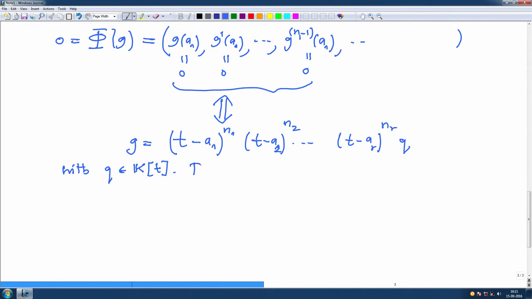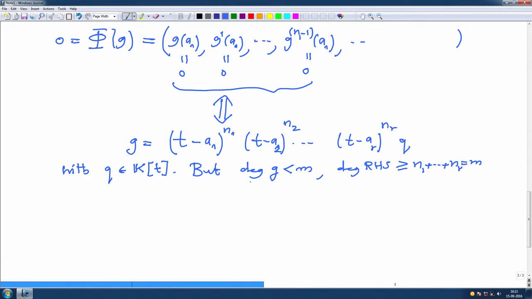But because the degree of g is strictly smaller than m, this is the degree of the left hand side. On the other hand, the degree of the right hand side is definitely greater than or equal to n1 plus so on up to nr, which is m.